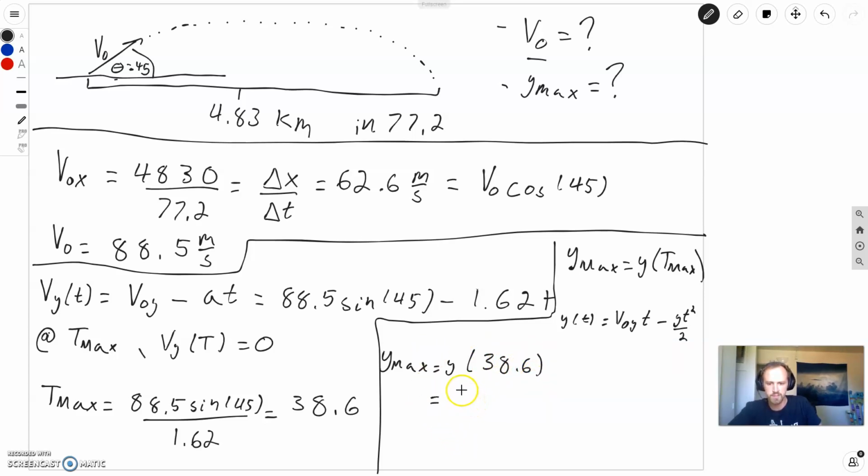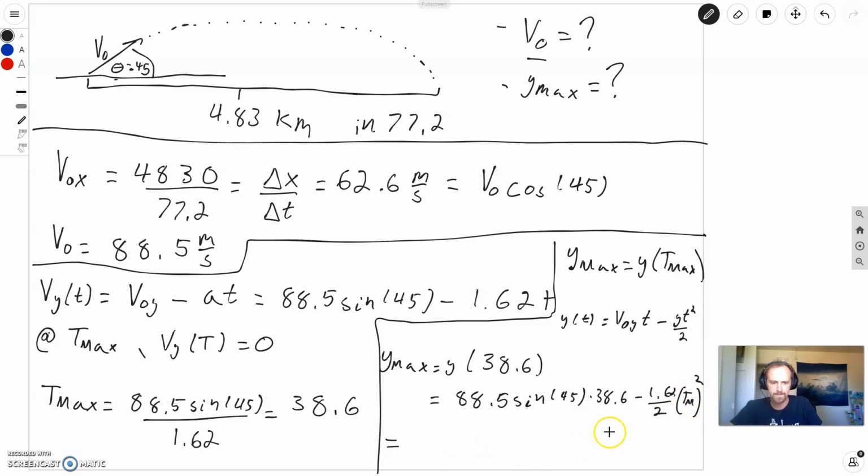And this equals 88.5 times the sine of 45 times 38.6 minus 1.62 over 2, and then I'm just going to write it as t max squared.